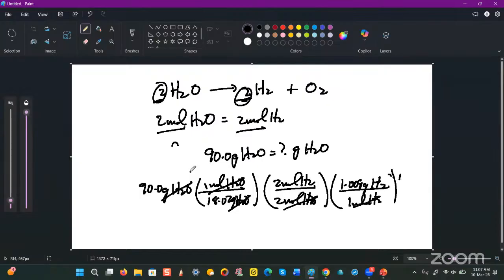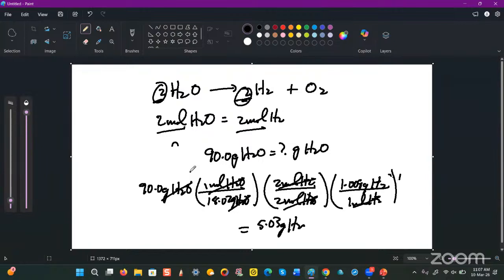So this will cancel out with that. And then we do the number crunching, 90 divided by 18.02 times 1 times 1.008. So according to my calculation, this works out to be 15.03 grams of H2.